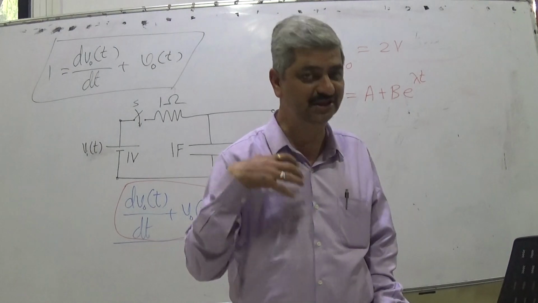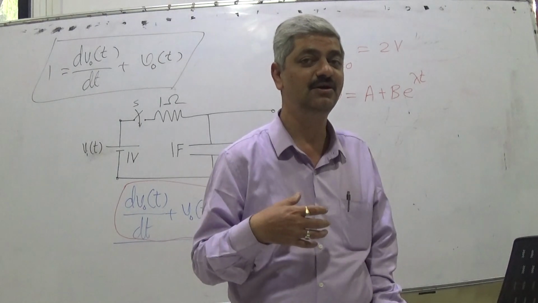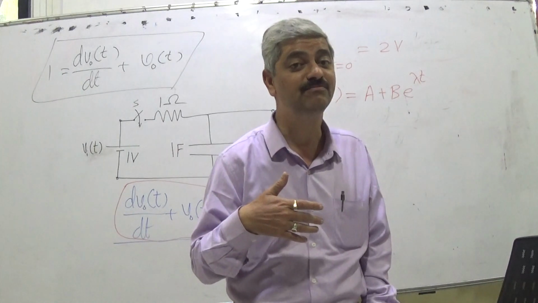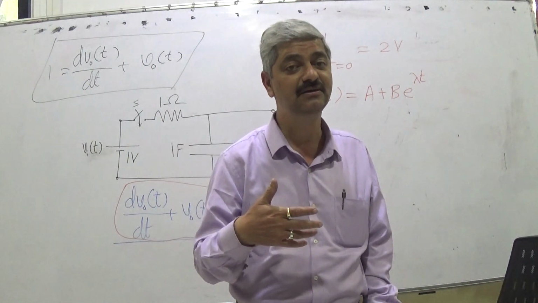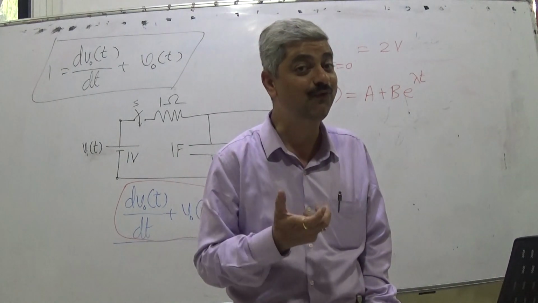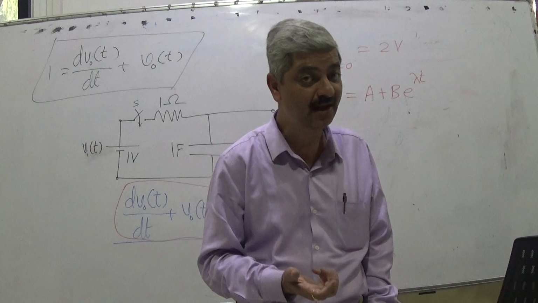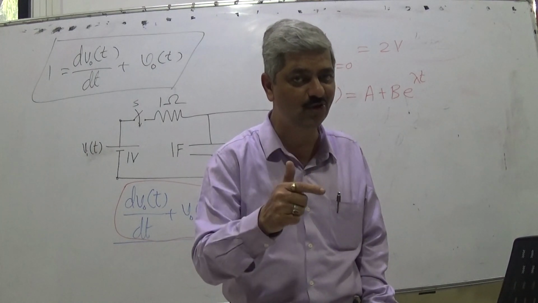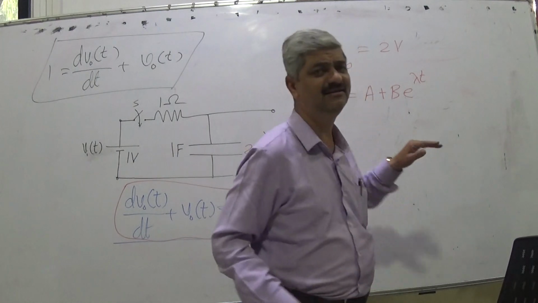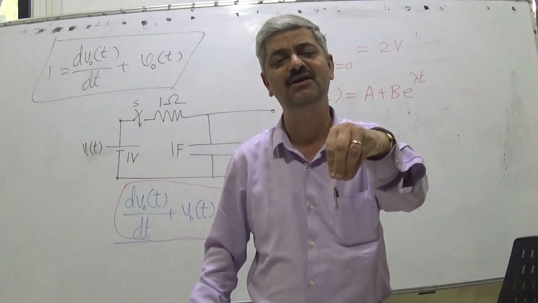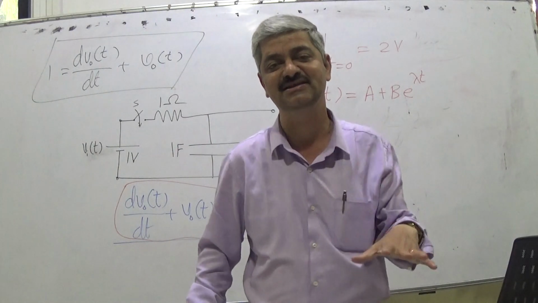So for this type of differential equation, you are deprived of developing the skill to find the solution. Once it was told that this is a solution, it reduced to high school level or early junior college level mathematics.